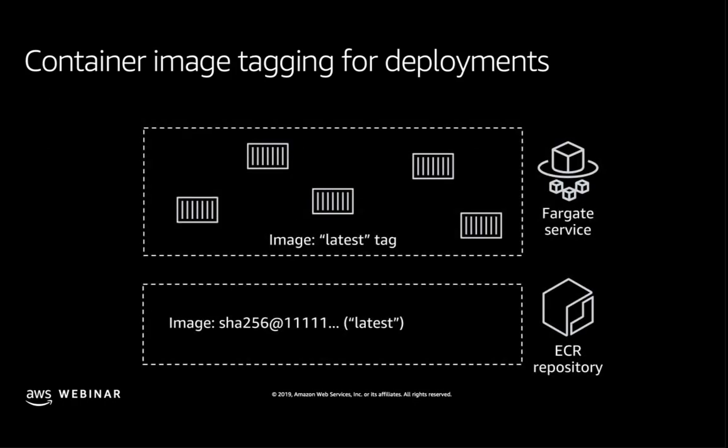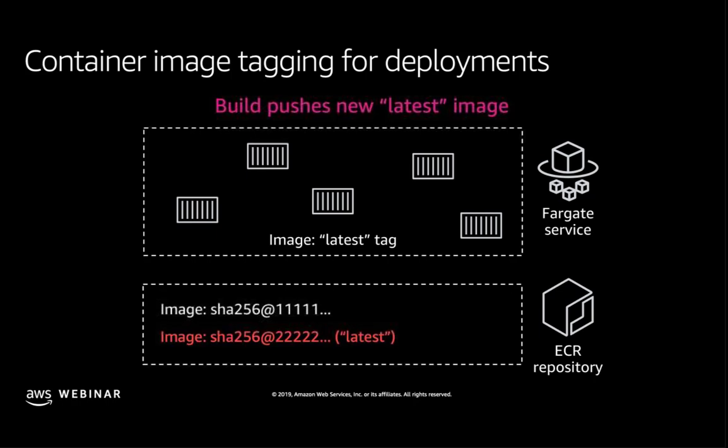So let's take a look at what this actually means. So we've got our tasks running on Fargate, and they're running off of the latest tag. And that tag is based on a container image that's in ECR. So we have a new build that goes on, and the build succeeds, but it hasn't done any of the deployments to staging or production yet, but it does push a new container image to ECR, and it tags it the latest.